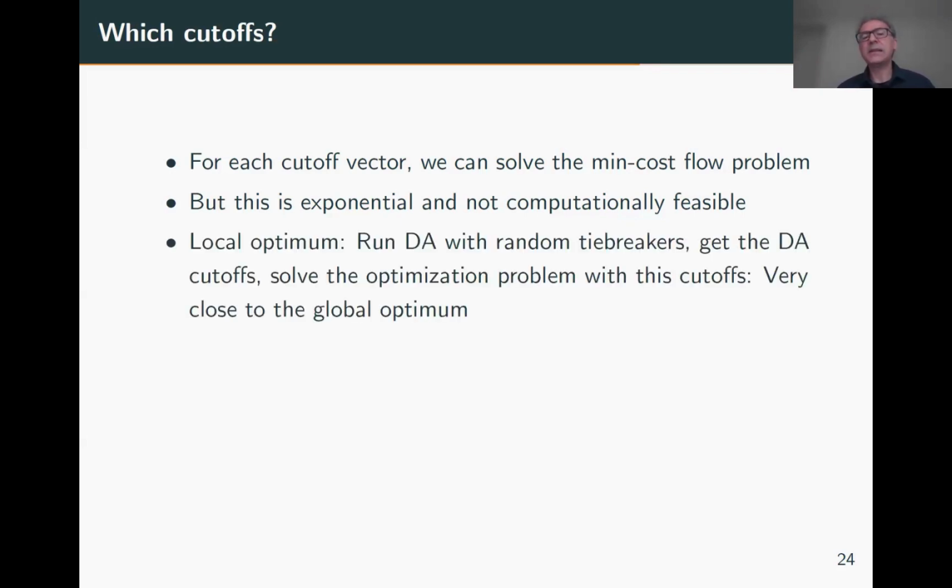What we do instead is give you a local optimum. We are going to start with deferred acceptance with random tie breaking. This is going to generate a stable assignment. That's also going to generate a cutoff. Then we can start at that cutoff. Using this cutoff, we can go back to our linear programming problem, solve the optimal one, call it local optimum. This is what we are going to find.